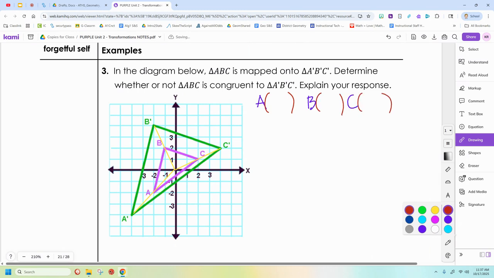A, B, and C. Okay, and once you've done those, let's go to A prime, B prime, C prime. Write down those coordinate pairs.